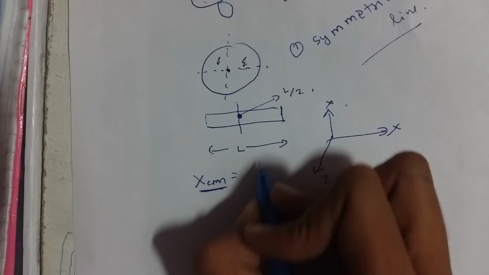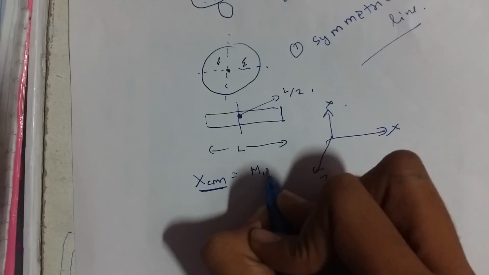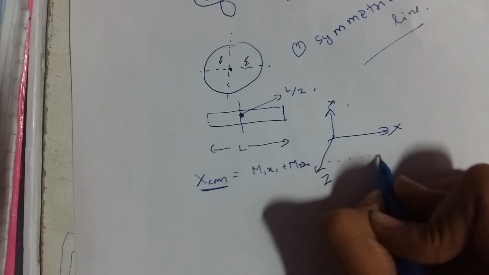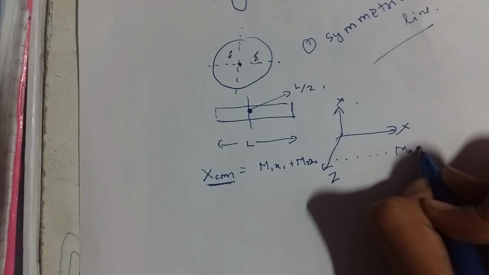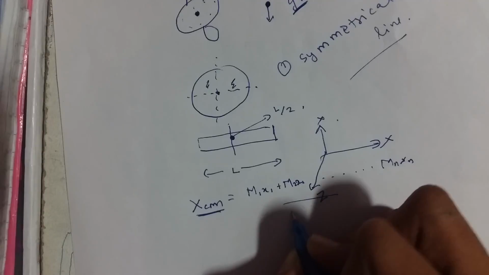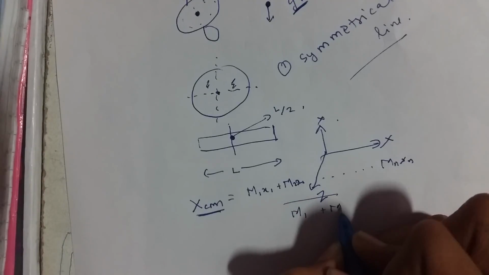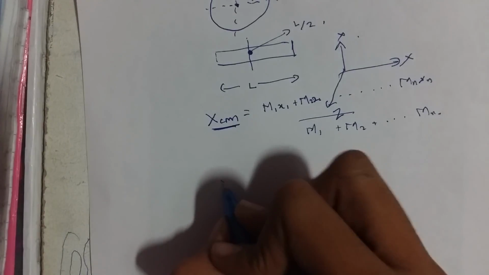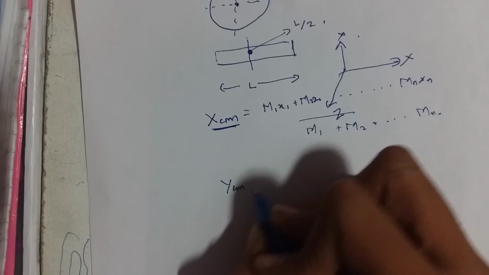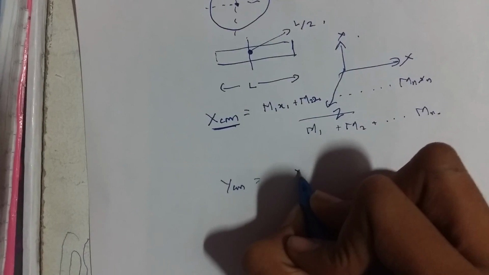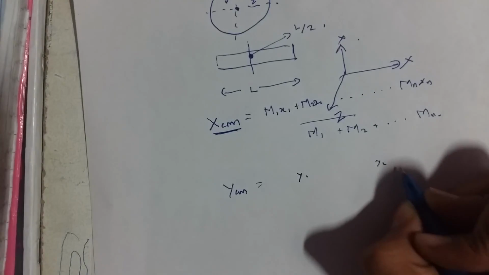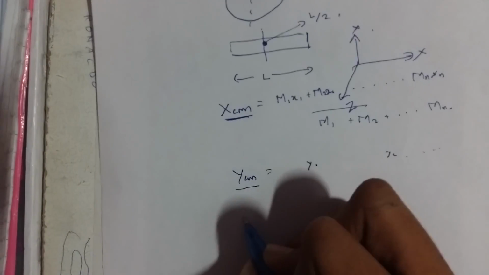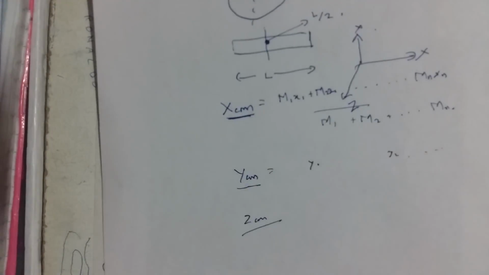Center of mass in the x direction is m1x1 plus m2x2, and it goes on to mnxn, upon m1 plus m2 plus dot dot dot mn. Same for ycm, you just have to change it to y1 and y2 and everything is the same, and the same for zcm.